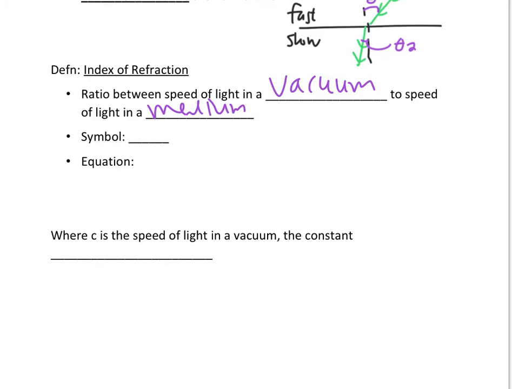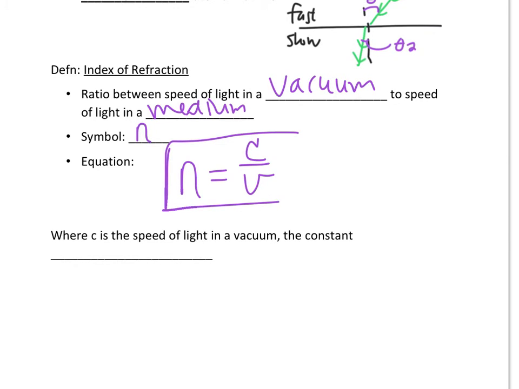So the symbol for index of refraction is a lowercase n, and it's a ratio, so it's not really much of an equation. n equals c over v. So n is the index of refraction. v would be the speed in a medium. So this is the speed of light in a medium.